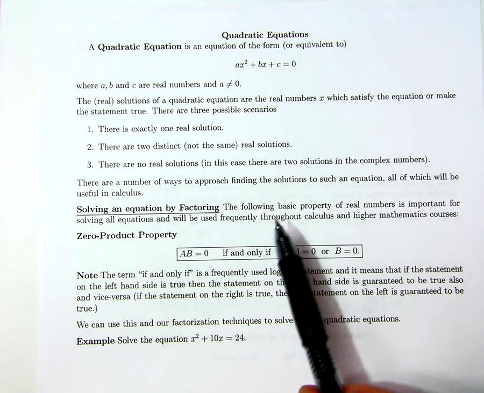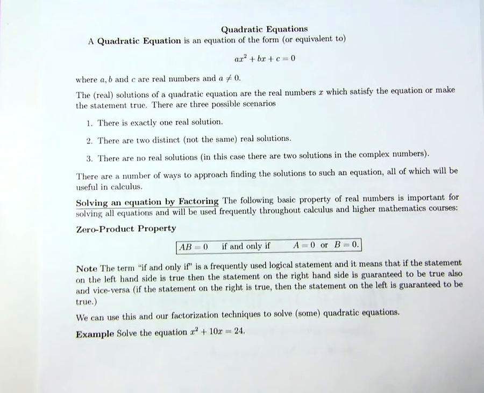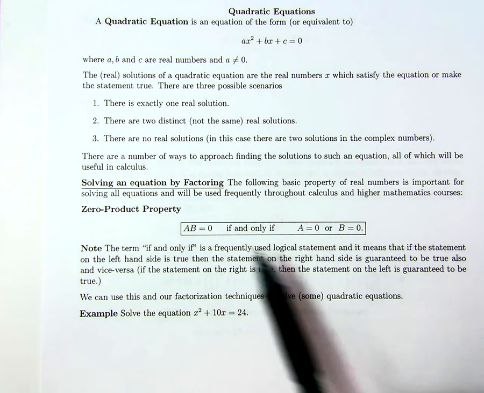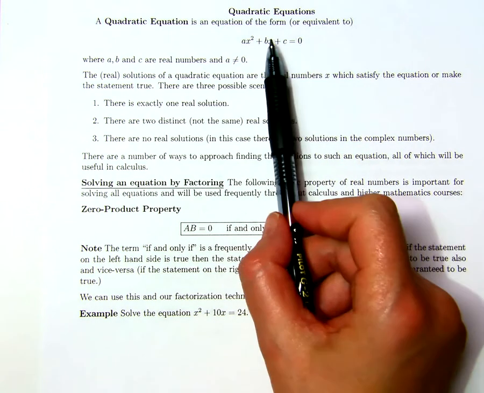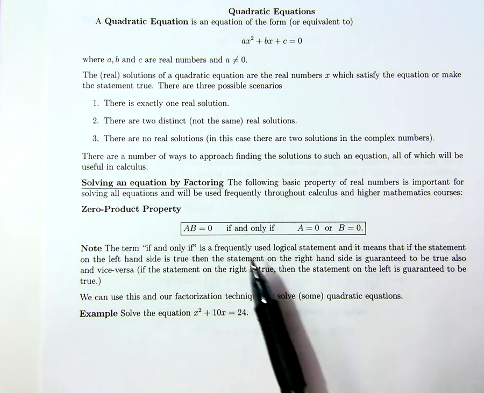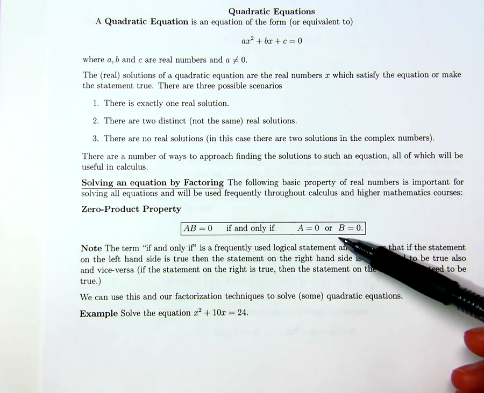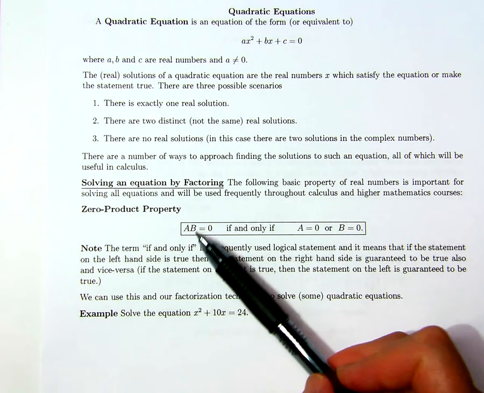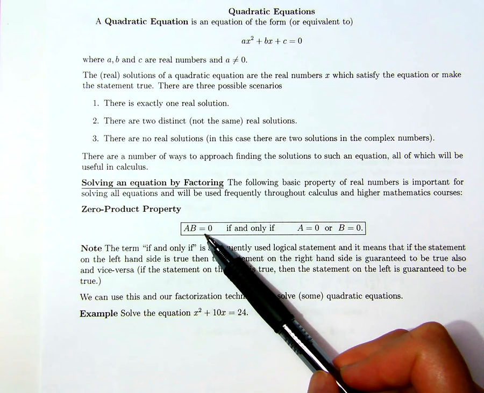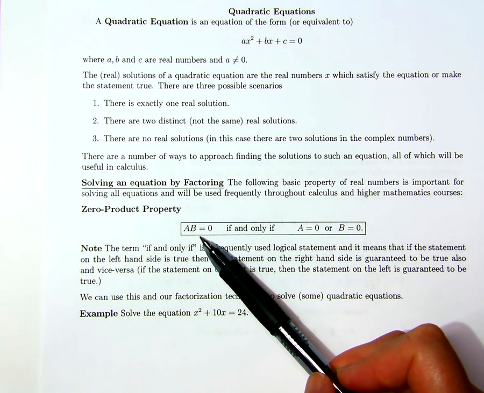And there are a number of ways of approaching the solution of these equations, all of which are very useful. The first one is just by factoring. So we've already figured out how to factor an expression that looks like this. And there's a very useful algebraic property. If I multiply two real numbers a and b, and I get 0, then one of them has to be 0.